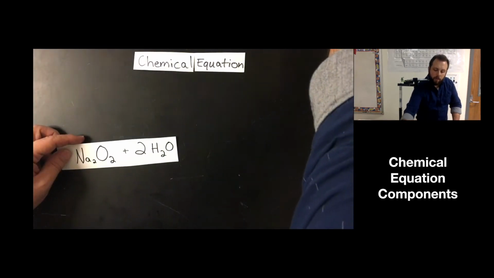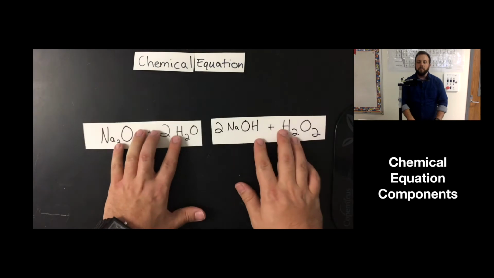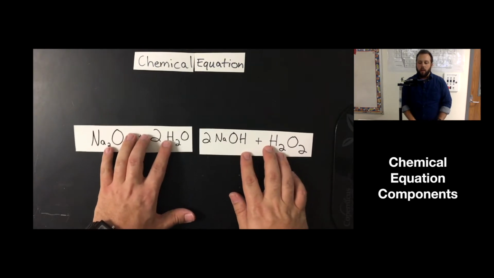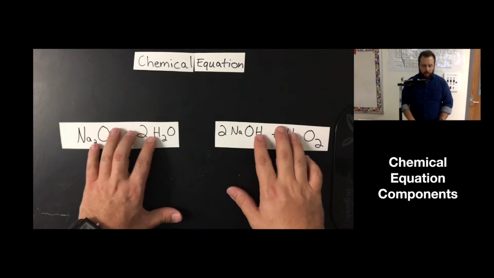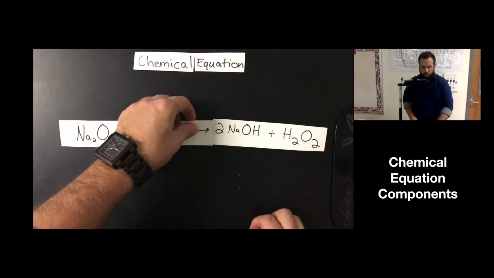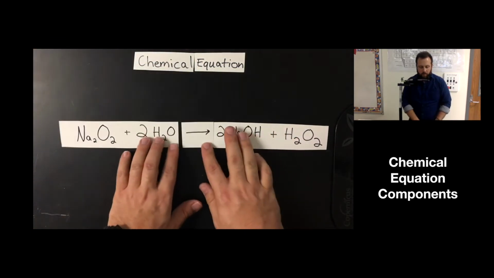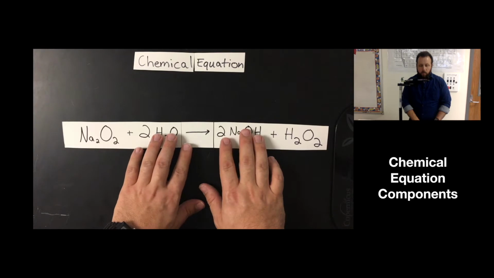All right, today we're going to talk about chemical equations. Chemical equations are basically the recipe for the chemical reactions that we're going to look at. Chemical equations have several parts to them. This is an example of a chemical equation right here. It's got a whole bunch of information.